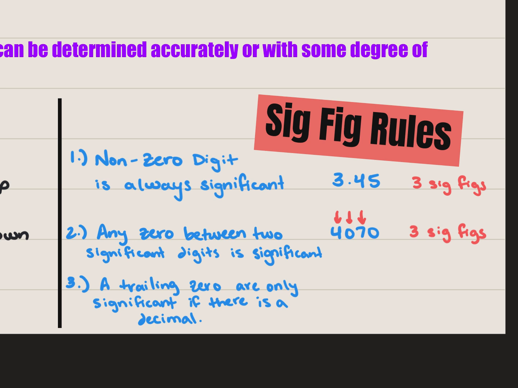So for example, if I have something like 4070.30, all of my non-zero digits are significant. Any zeros that are between significant digits are considered significant. And since there is a decimal here, this trailing zero would also be considered significant. So this number here would have 1, 2, 3, 4, 5, 6 significant figures.